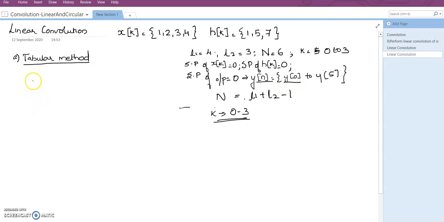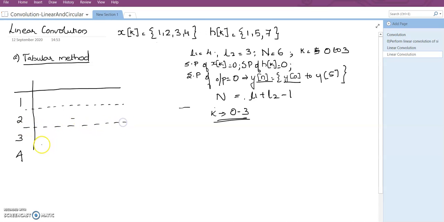Now to find out this answer using the tabular method, you need to use a sort of table like this, where you write the corresponding inputs 1, 2, 3 and 4. If you want, you can highlight it using a broken line, so that it will help you in understanding, but it is not recommended.